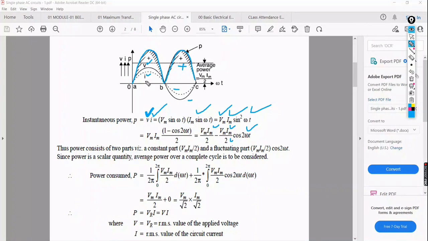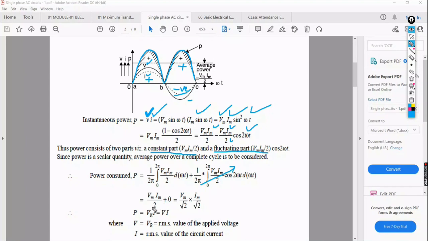It means that power will be available for both the positive half cycle as well as the negative half cycle. So the instantaneous power has two parts: one is the constant part and one is the fluctuating part. But since power is a scalar quantity, the fluctuating part is taken as 0 itself. So Vm into Im divided by 2 plus 0.